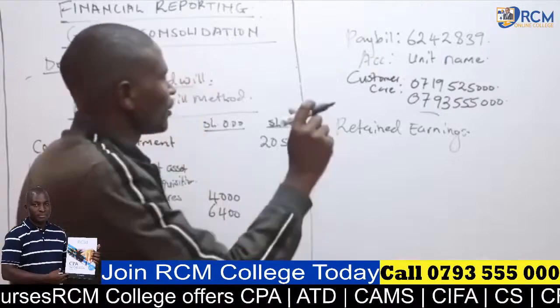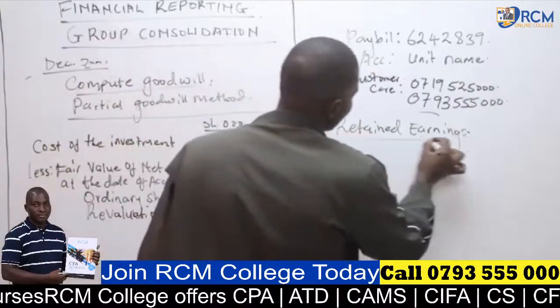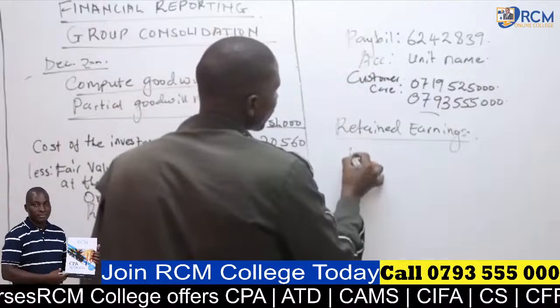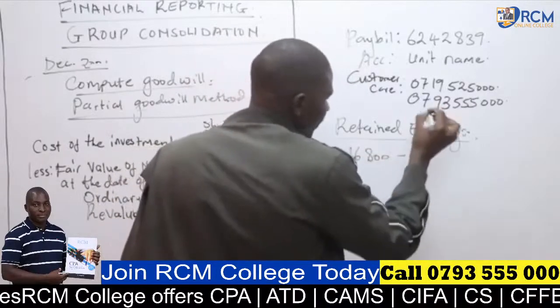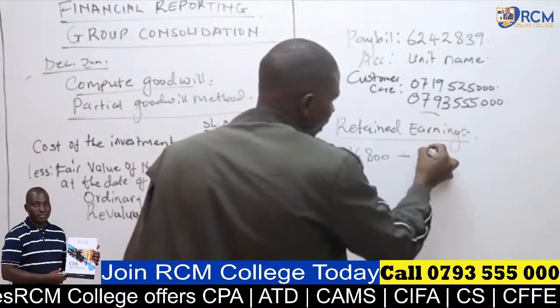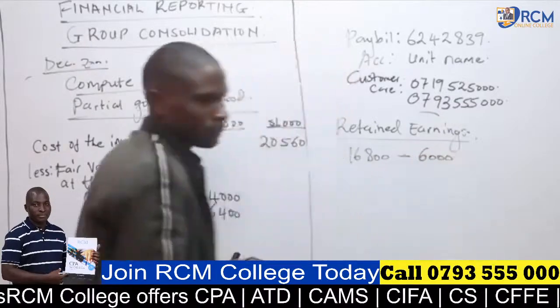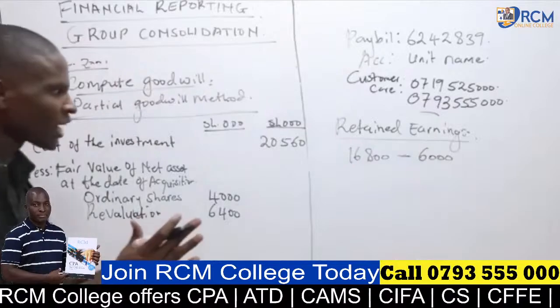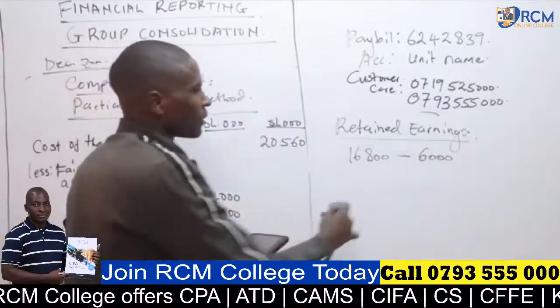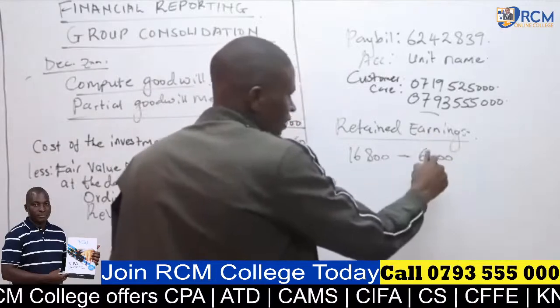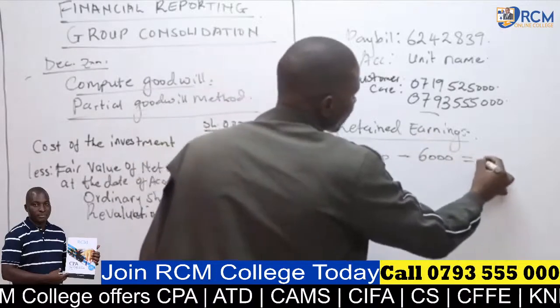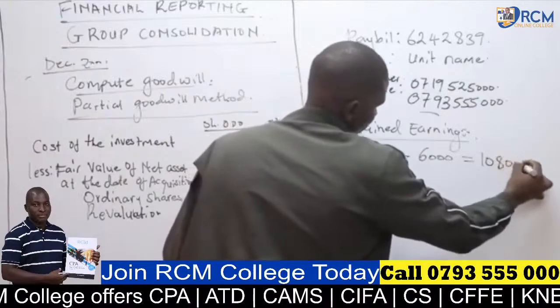Yes, thank you very much, David, for understanding. So I have retained earning of 16,800. Lakini niko na the profit for the year for this company was 6,000. So nitakuwa nimebakisha ngapi? Nikitoa hii kwa sababu I have also produced 6,000 as the profit, I'll be having 10,800.